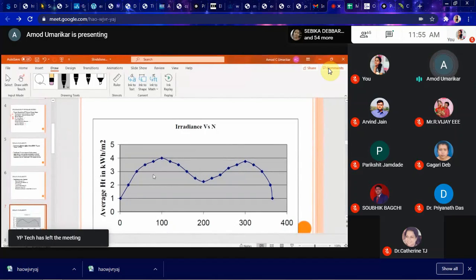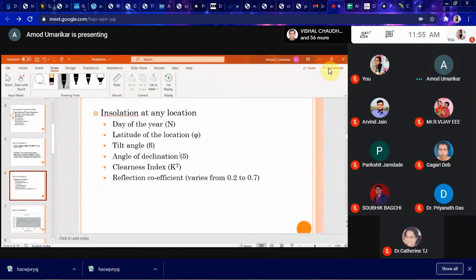Of course, this varies from place to place. In the north it will be different, in the south it will be different, in the extreme north and extreme south it will be slightly different. East and west will of course differ, and mid or central India will be different. That will be the change in solar insolation or irradiance. That's why the term irradiance is used. So this curve can be found from this data.